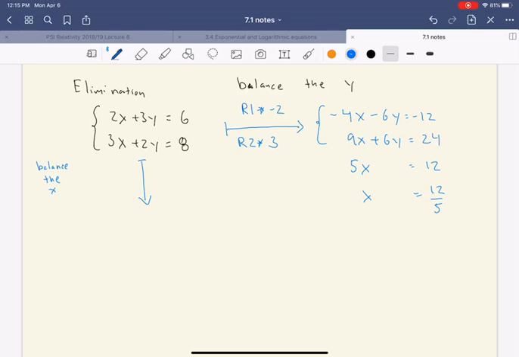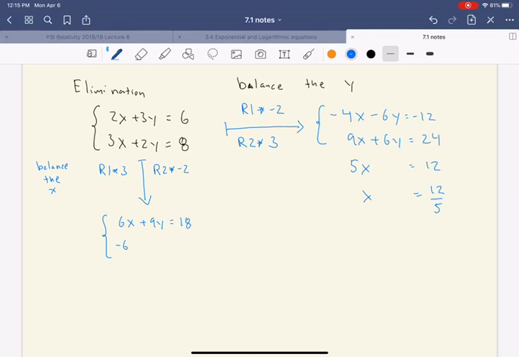Okay, so we're going to take row 1 times 3, and row 2 times negative 2. Okay, and when we do that, what are we going to get? Row 1 times 3 becomes 6x plus 9y is 18.